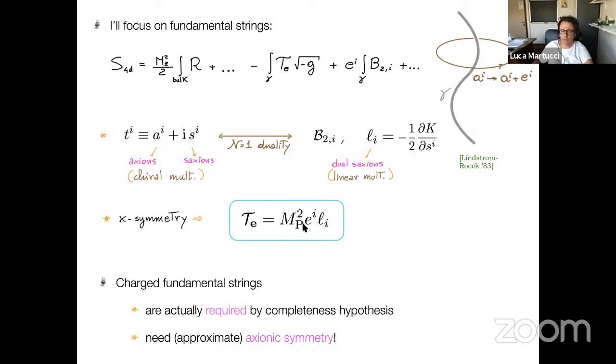In particular, it has this nice linear dependence on these dual saxions. So one can write down very general supergravities, including these strings.